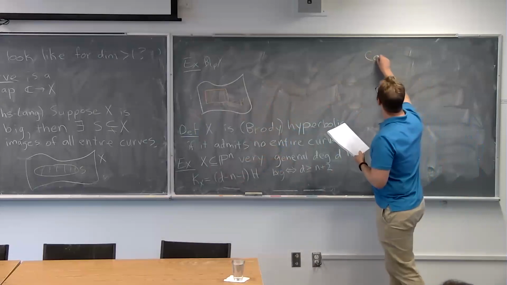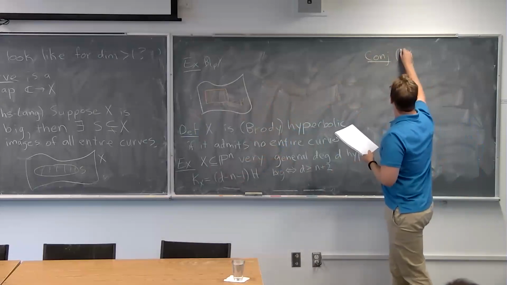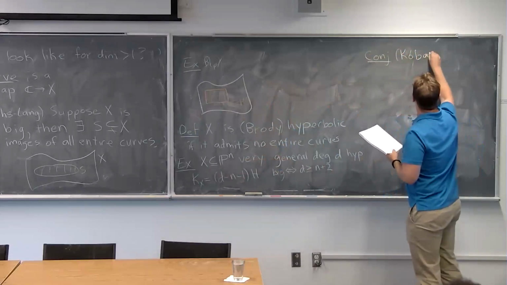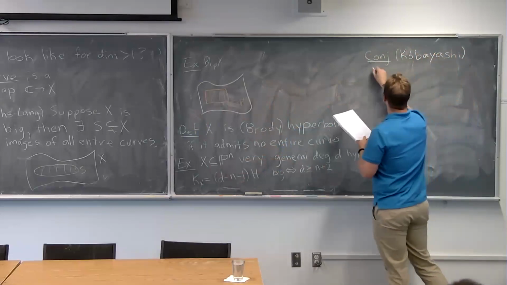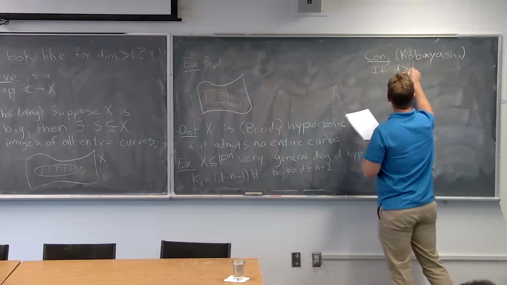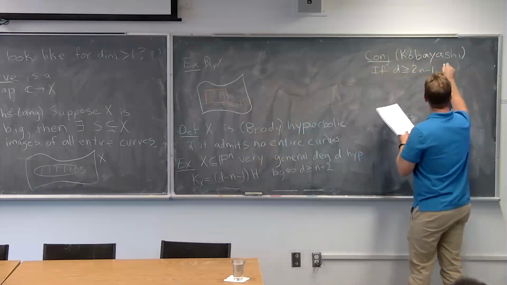So the conjecture for these hypersurfaces is called the Kobayashi conjecture. It says that if d is at least 2n minus 1, then X is hyperbolic.